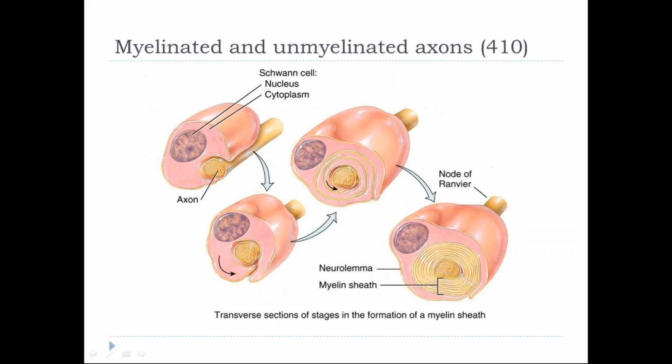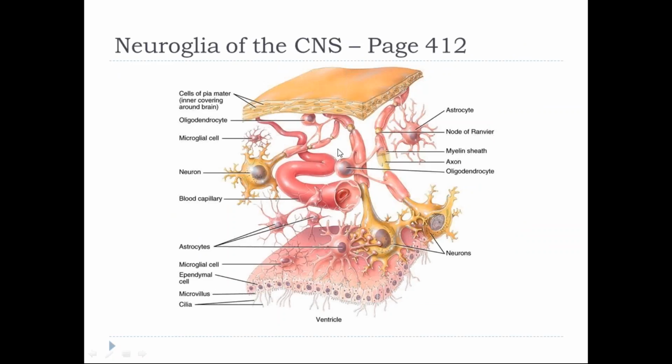Whereas if you look at the myelin in the central nervous system, you just have one cell trying to myelinate a whole bunch of axons. It's not the only reason that there can't be repair, but it's a very big one. In the central nervous system, it's very difficult for neurons to repair after they've been damaged.